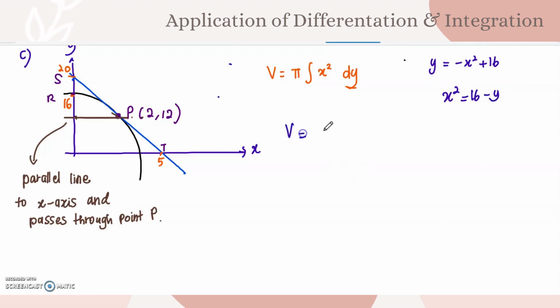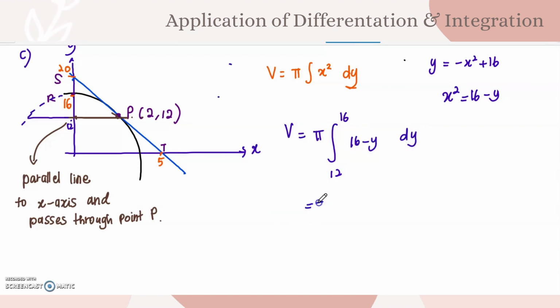So the volume will be pi, and we integrate from 12 until 16. We put the x squared function here, which is 16 minus y dy.